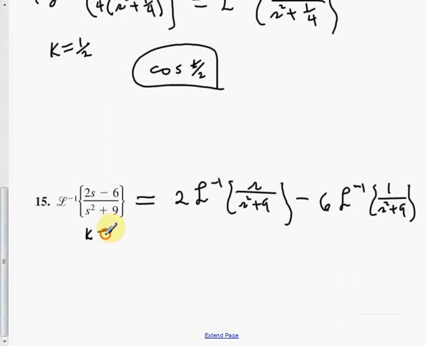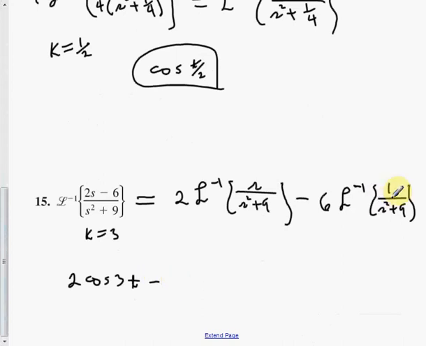So here our k is equal to 3. Well, that first guy is just cosine. So this is 2 times cosine of k, which is 3 times t, minus.